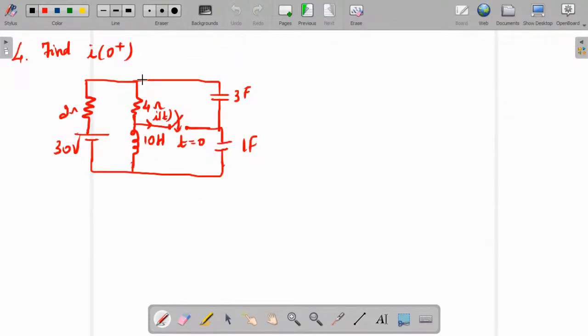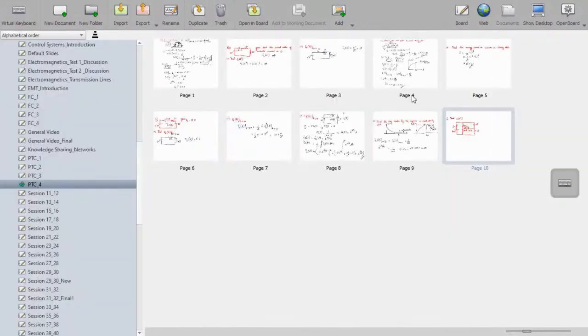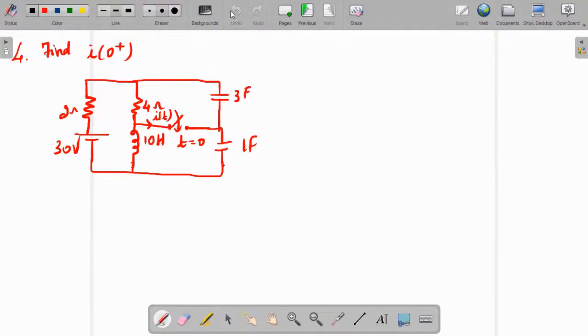Next question is find I of 0 plus. What is the answer? Has anyone solved it?